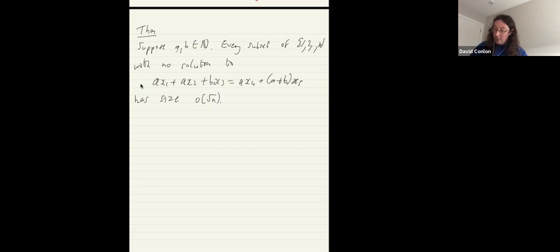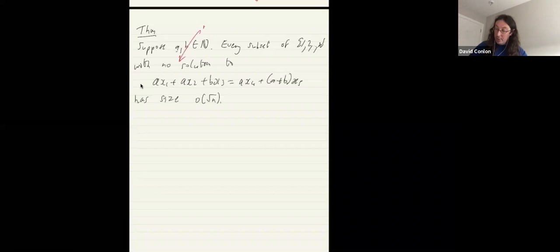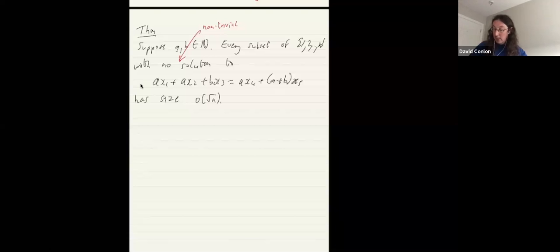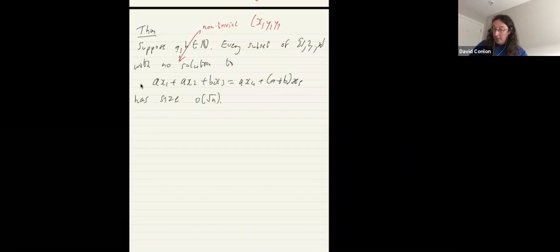And I should add, what I mean here is no non-trivial solution. So there's a collection of trivial solutions. For example, you could take x, y, y, x, y for any x and y, but you don't want some simple situation like that to be happening. So if that's the case, then you get little o of root n.